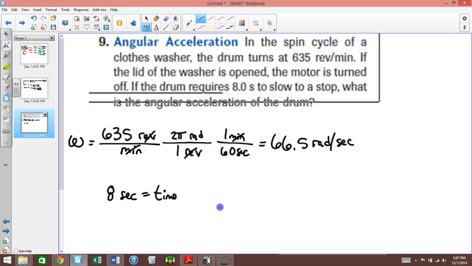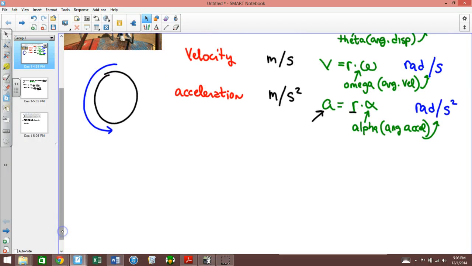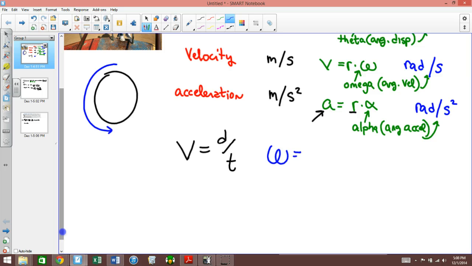So I think I could maybe use this equation right here. No, not really. I was thinking I might be able to use this equation because I'm looking for the angular acceleration, but I don't know the radius. Here's another fun equation that we can use. Just like we have velocity equals distance over time, we can use angular velocity equals angular distance over time.